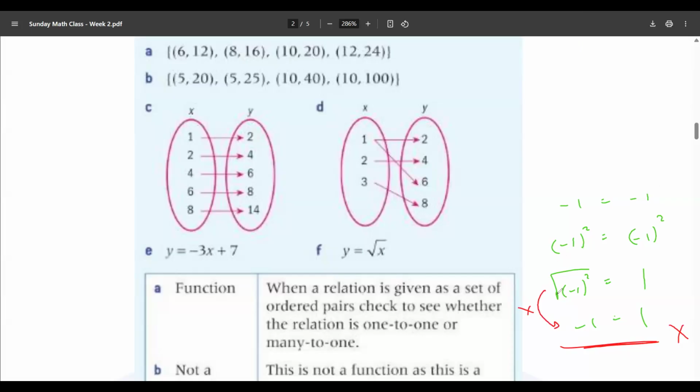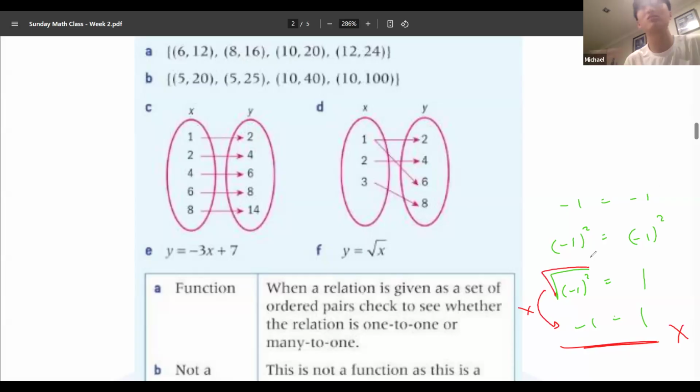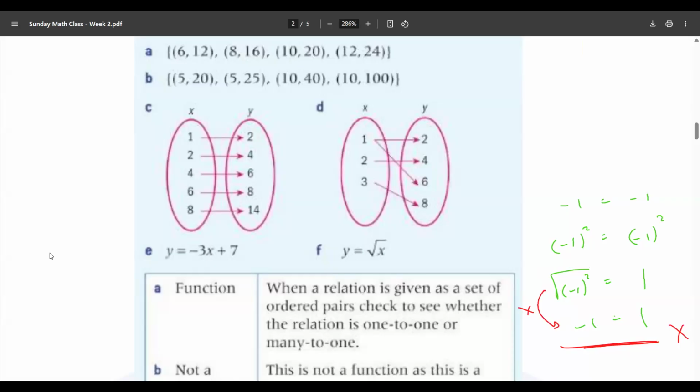So square root does not always undo the square. Whenever the inside is negative, it does not undo the square. It keeps the positive.